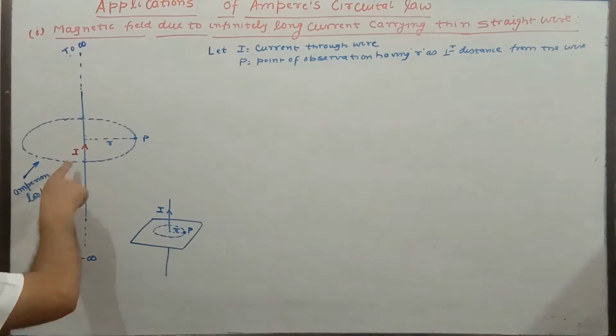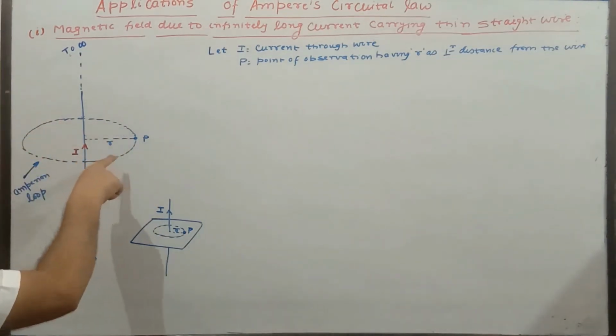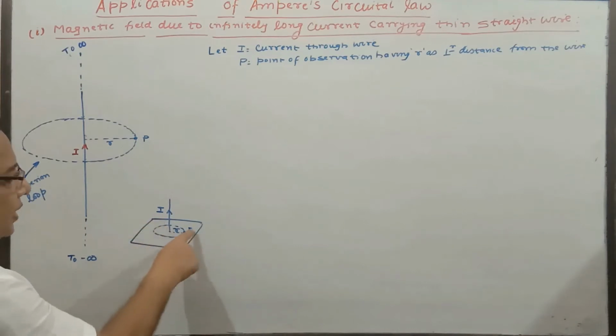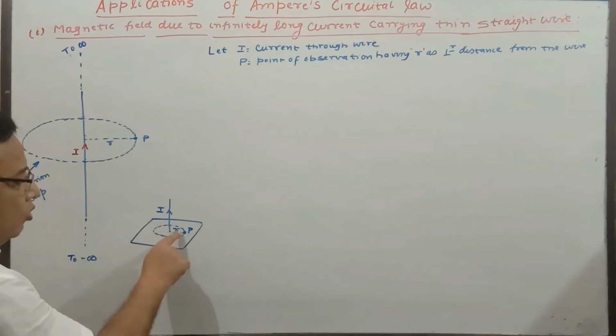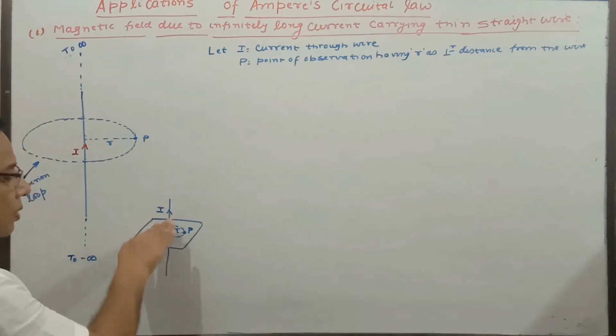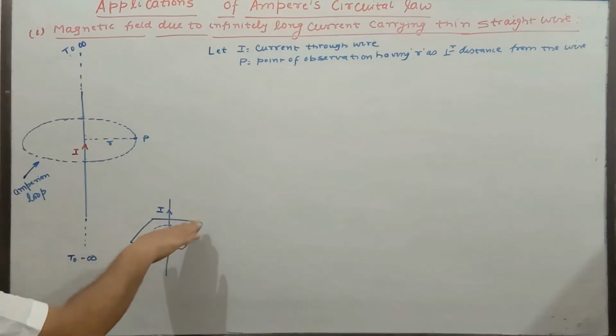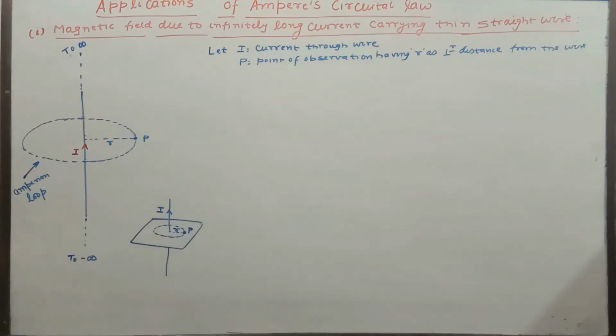Here I have drawn an Amperian loop. This is the point of observation. This plane is perpendicular to the wire, and this Amperian loop is in a plane which is also perpendicular to the wire, the plane shown here.